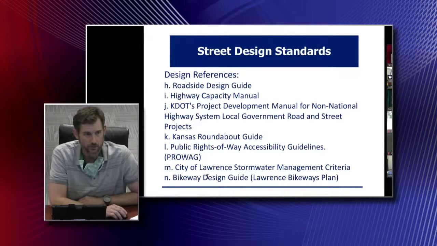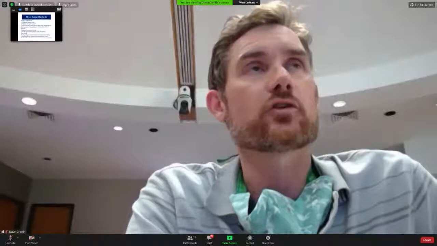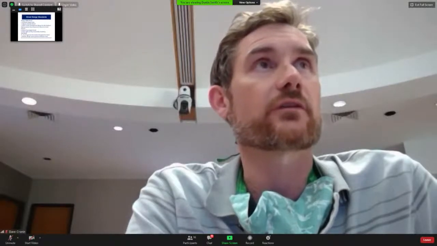That bikeway design guide has different criteria on different design concepts based off of speed and volume of different streets. So that's a new resource that we have.